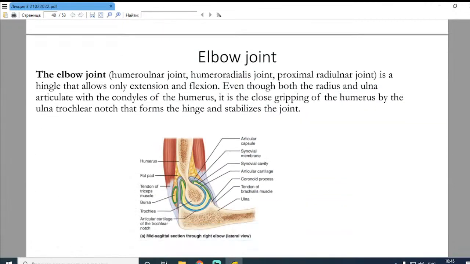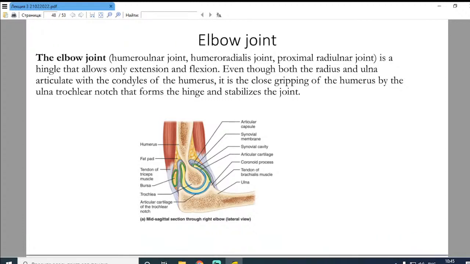Next joint, the elbow joint. The elbow joint includes the humeroulnar joint, the humeroradial joint, and the proximal radioulnar joint. These three form a composite joint that is a hinge, allowing only extension and flexion.